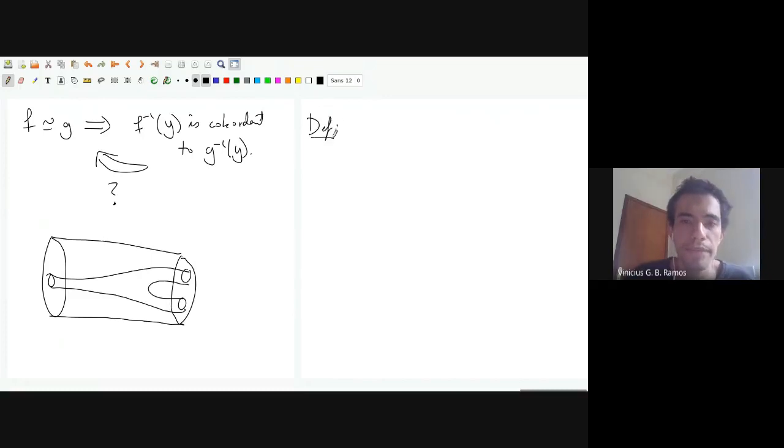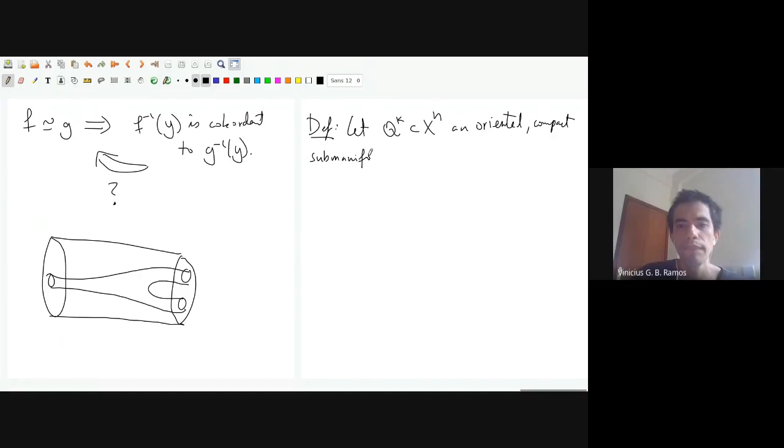So, definition. Let Q be a k-dimensional manifold, submanifold of X. So let Q be an oriented compact submanifold.